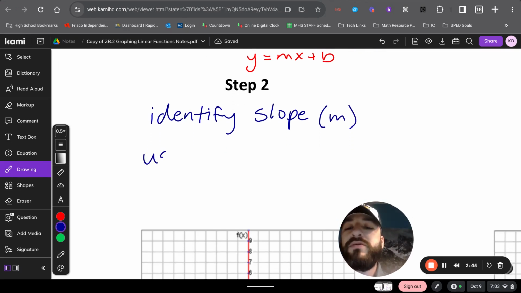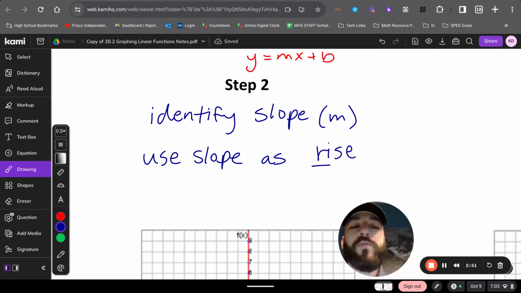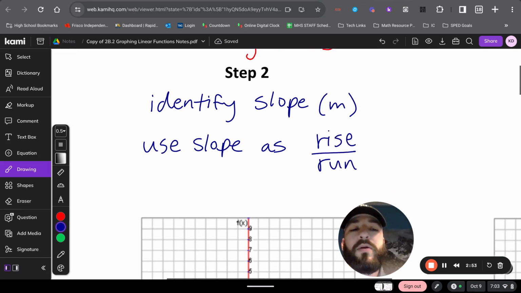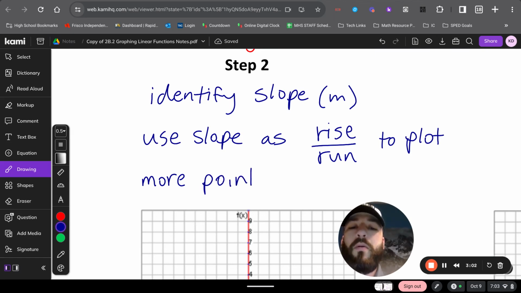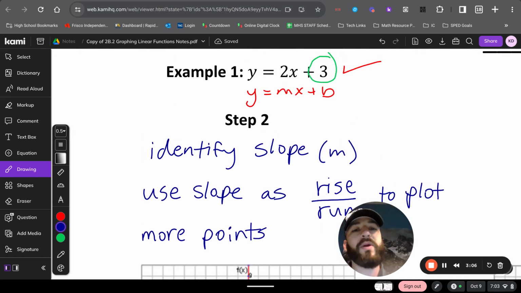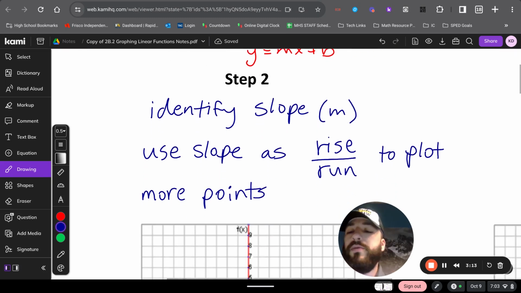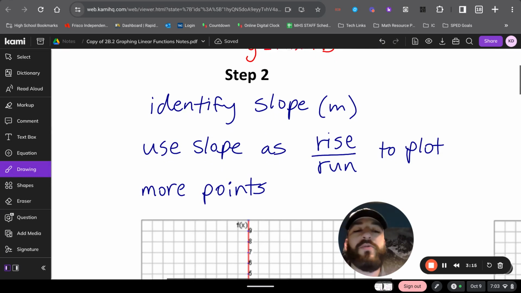And then we're going to use our slope as that rise over run value to plot more points. So my slope in the case of my equation is this number right in front of my x. Remember, it's not 2x, it's just that 2. So our slope is equal to 2.